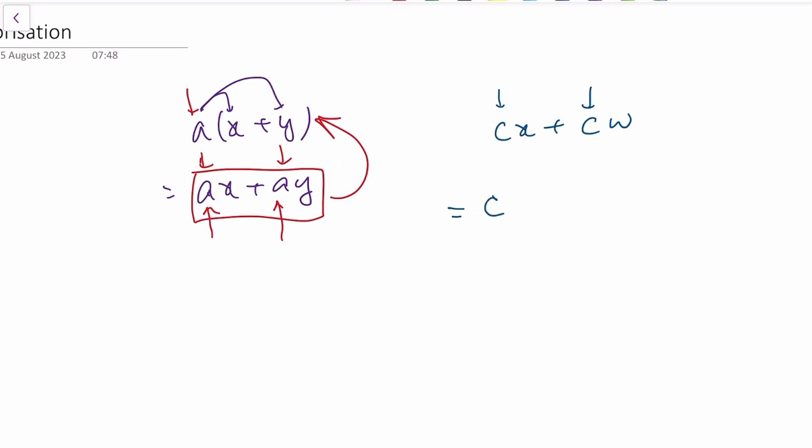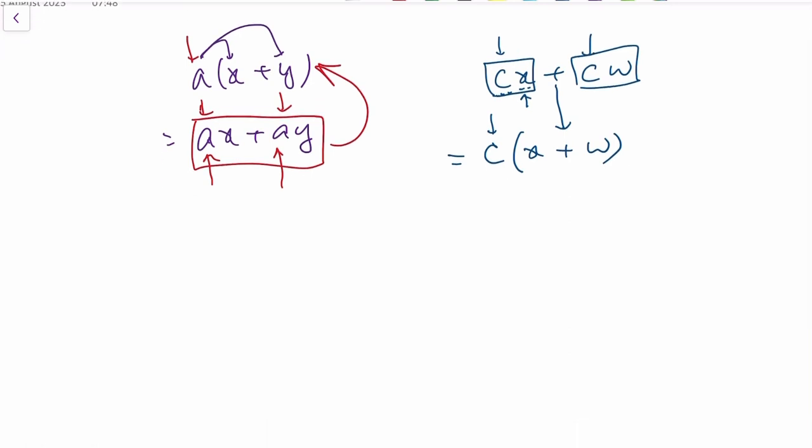That means you can take out c, and then you open a bracket and look at what's left. Here, in the first term we have c times x. Now c is taken out, so there's x left. Then you copy the sign in the middle. Then for cw, c is out, so w is left. So that's factorizing.